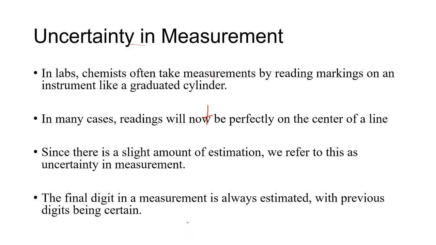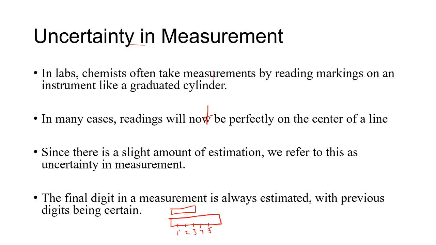So let me show you what that means. Let's say I have an object here. And let's say I'm measuring it on a ruler. Okay, and I'll make some general markings here to kind of give you an idea. Let's say I have 1, 2, 3, 4, 5, as an example.